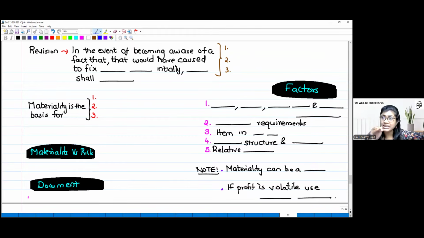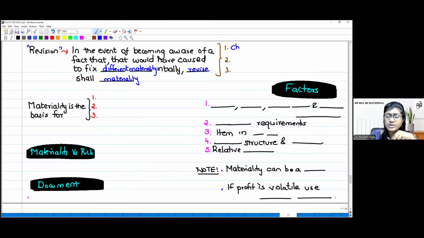Had she known this fact earlier, instead of fixing 2 lakh, she would have fixed 1 lakh. Right now she can revise. In auditing language: in the event of becoming aware of a fact that would have caused the auditor to fix a different materiality initially, she will revise the materiality. Did you understand that sentence?